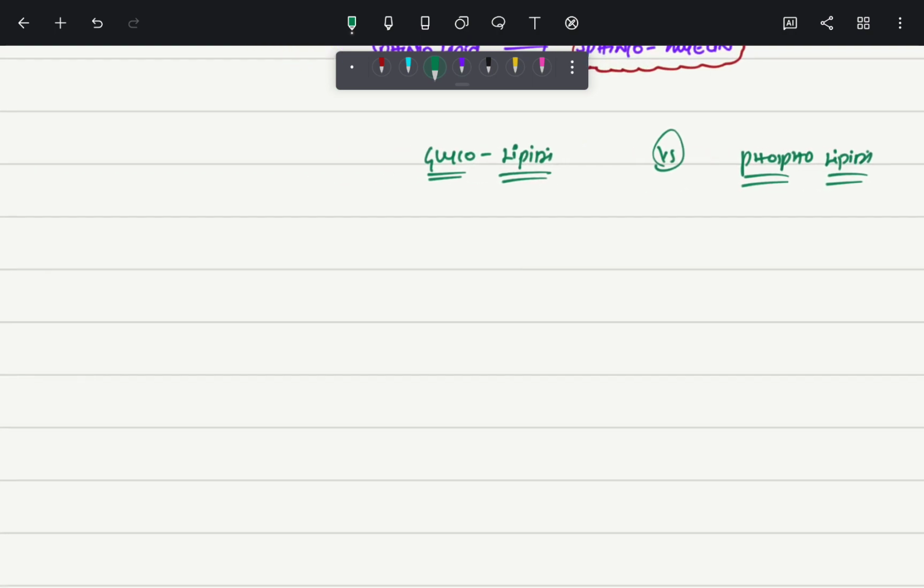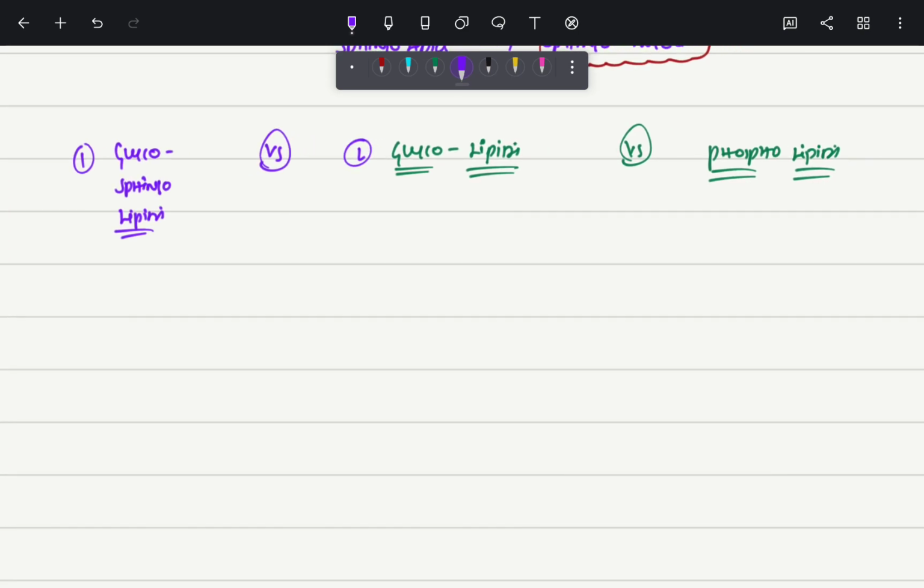Since we are talking about glycolipids, I will also talk about your sphingolipids. So we are going to compare three structures here: glycosphingolipids, the structure of glycolipids, and the structure of your sphingolipids.